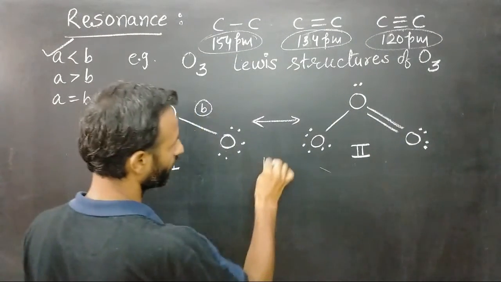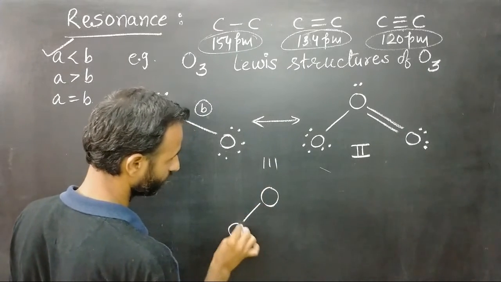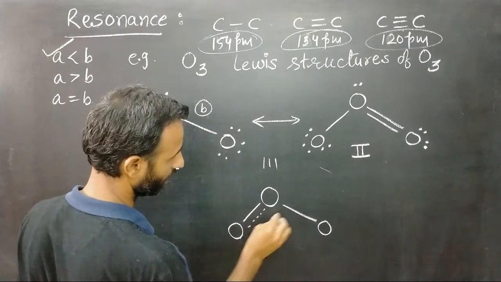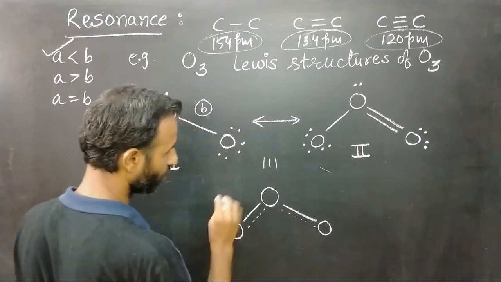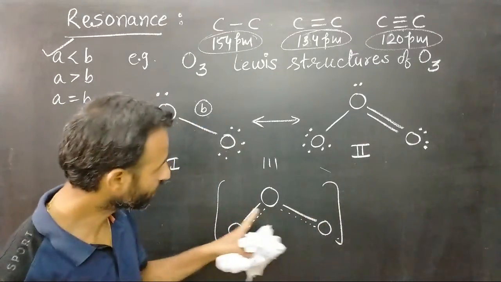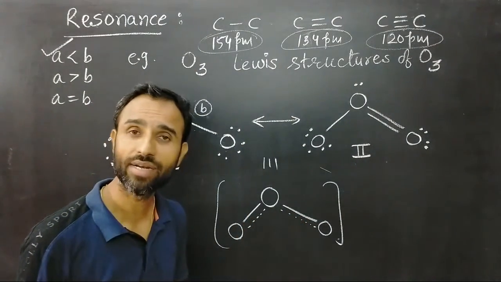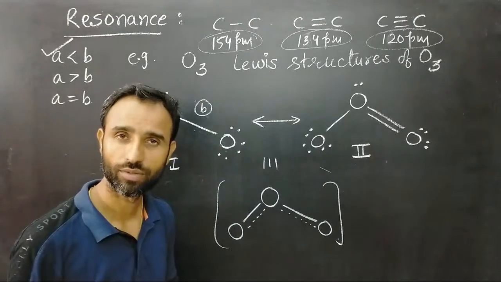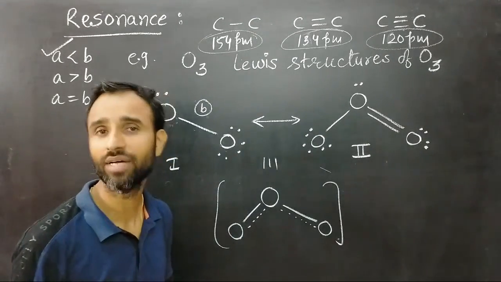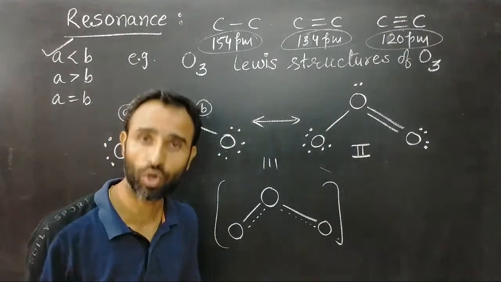So keep in mind that ozone has the same bond order, and it is like this. Both the bonds are more than single bond and less than double bond. They are more than single bond and less than double bond. Means they have fractional bond order.